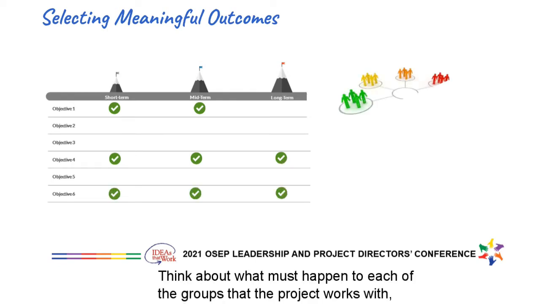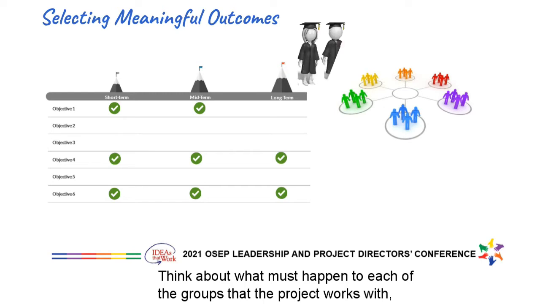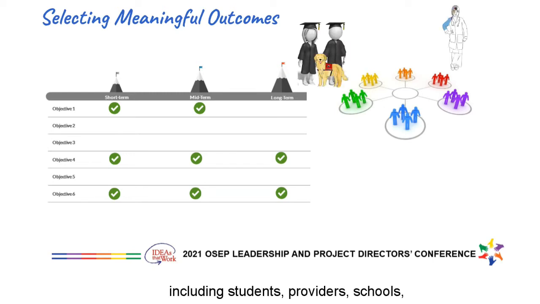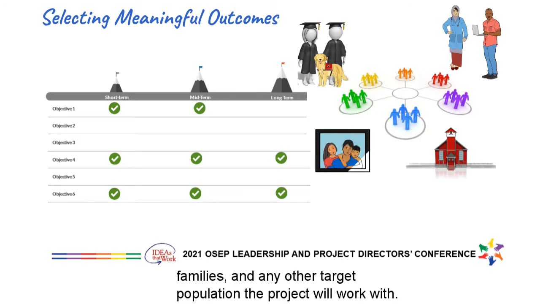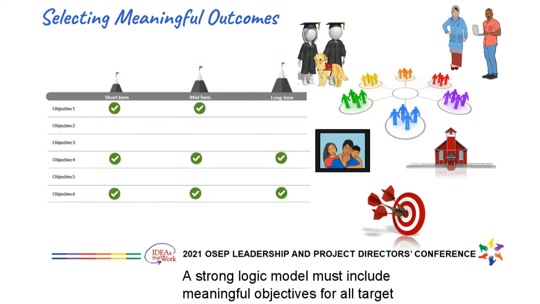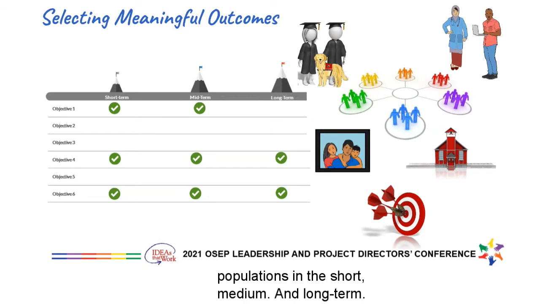Think about what must happen to each of the groups that the project works with, including students, providers, schools, families, and any other target populations the project will work with. A strong logic model must include meaningful objectives for all target populations in the short, medium, and long term.